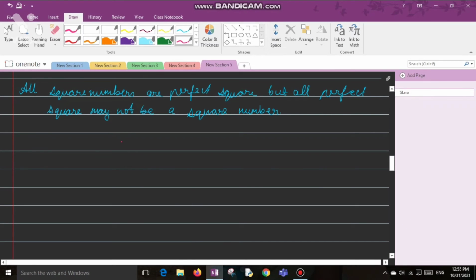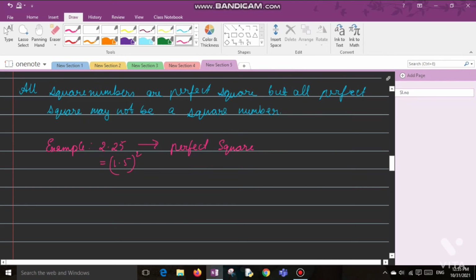Let's take an example. 2.25. Now this 2.25 is a perfect square because it can be expressed as 1.5 whole square.